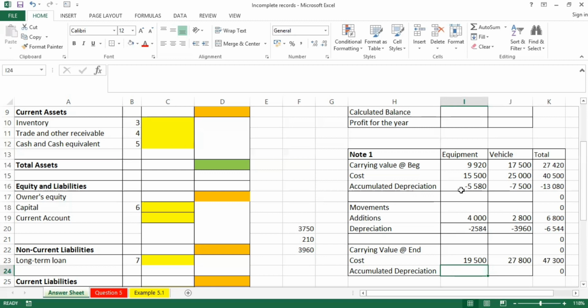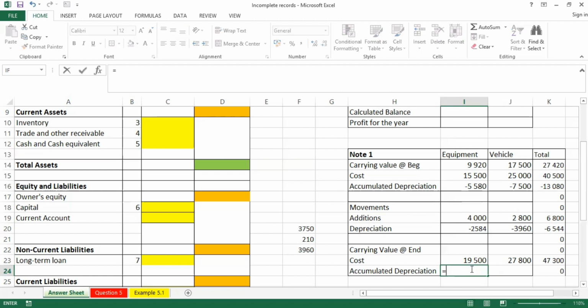So when you type in your calculator, you're going to see negative 5,580 minus the 2,584 to get your accumulated depreciation at the end. So you can just add the two amounts, or you can just minus the two amounts. Either way, the answer you get here is supposed to be in brackets.